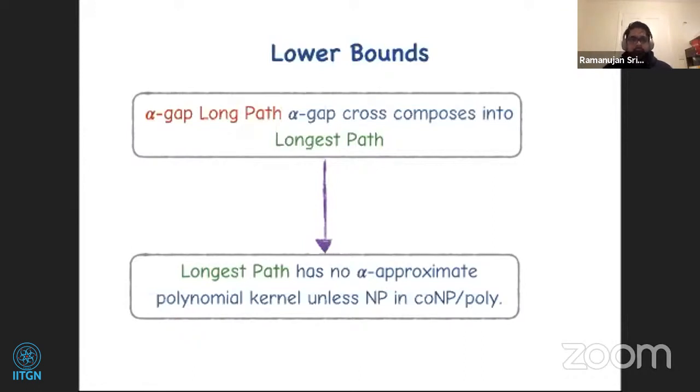And this problem can be shown to alpha gap cross compose into longest path in a quite simple way, by taking your disjoint union, really. So that's effectively what's happening here. And that should give you a lower bound for longest path. So again, here is a proof of concept, really, that not every problem can be easily alpha approximate kernelized.